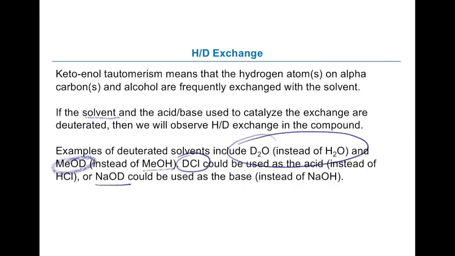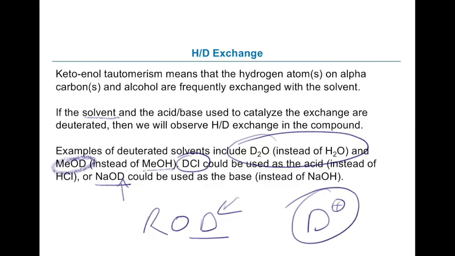Or NaOD, where again, each of these has some heteroatom X bond, instead of having an OH, like an alcohol, we have an OD or some other type of D plus reagent. Each of these is a deuterium plus kind of component, where we're taking solvents and exchanging protons for deuterons, D plus.